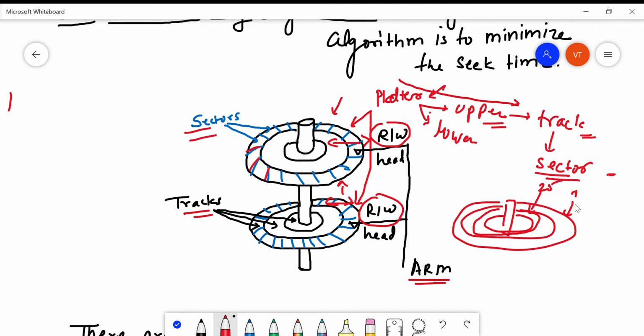We want to move the head from track number 1 to track number 25 to fetch the data. The time required for this movement of the head from track number 1 to track number 25 is called seek time. As I said in the beginning, the seek time is the time taken to reach the desired track.